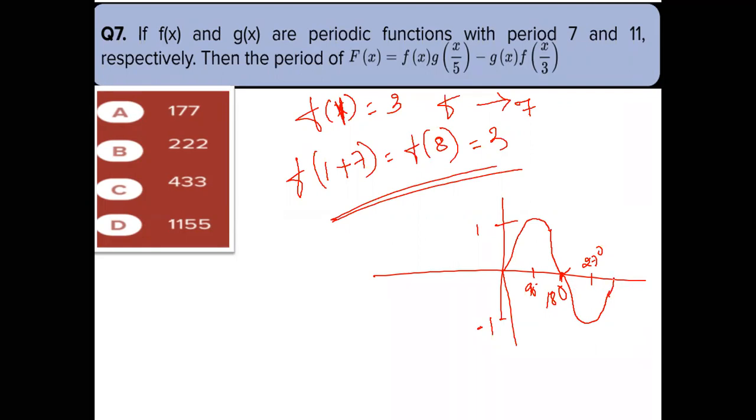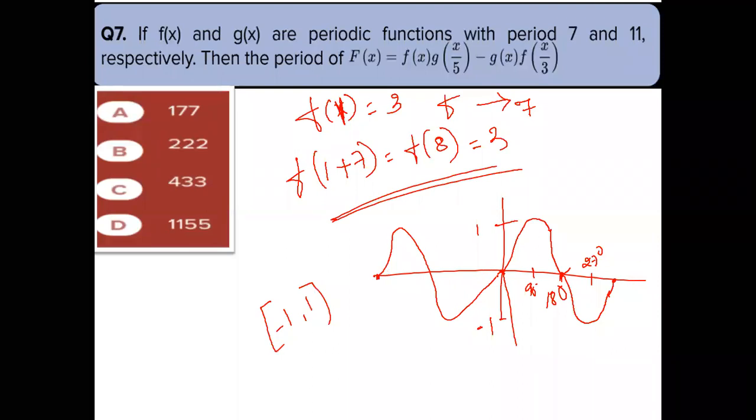0. So you can see that the graph of the sine function repeats. If you have observed the sine graph properly, it takes values in the interval minus 1 to 1, and it repeats.